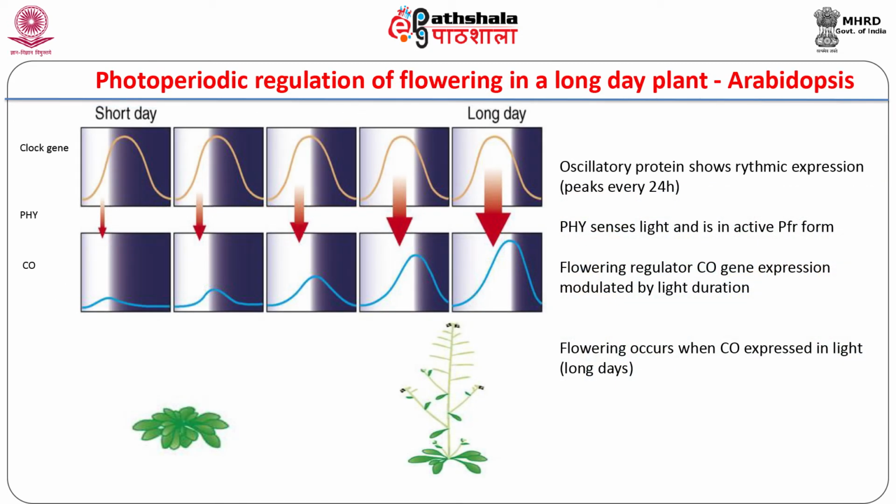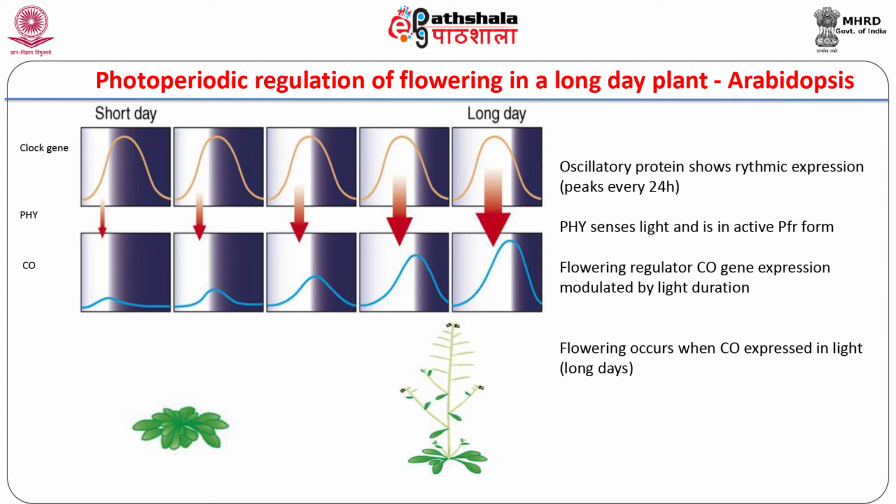Arabidopsis plants show flowering when the day length exceeds a threshold of about 16 hours. Phytochromes play a role in regulating flowering when the photoperiod is optimum. During day, the active form of phytochrome interacts with a clock protein like CCA1 or LHY that shows oscillatory expression as seen earlier and synchronizes the clock with light availability.